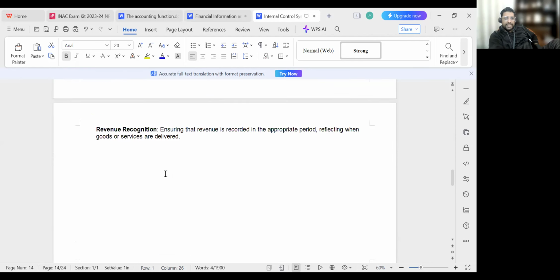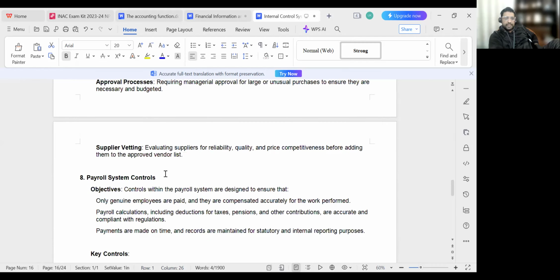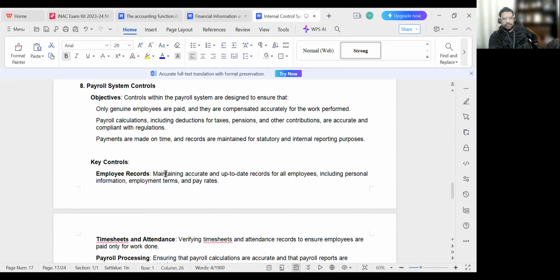We talked about sales system, purchasing system, then we have payroll systems. So payroll system is that you make the payrolls, right? One person is responsible for making that log, filling all of those cards and making the payroll.